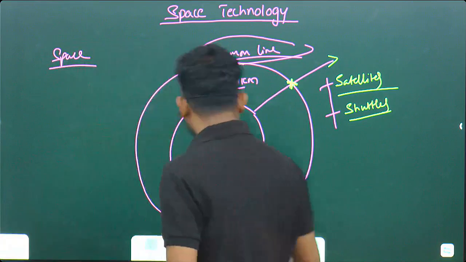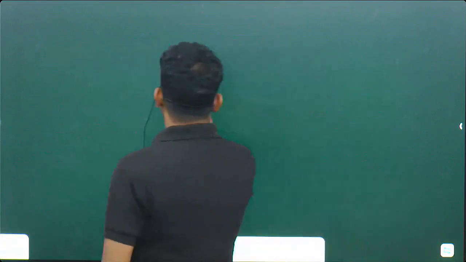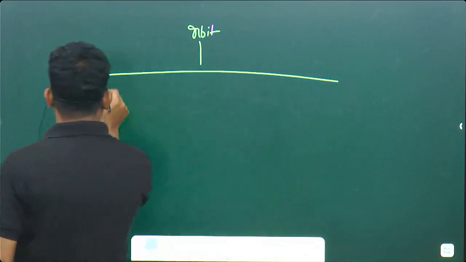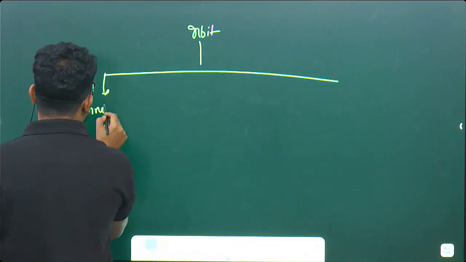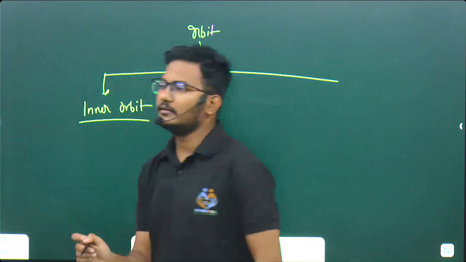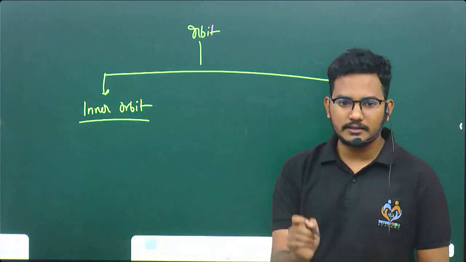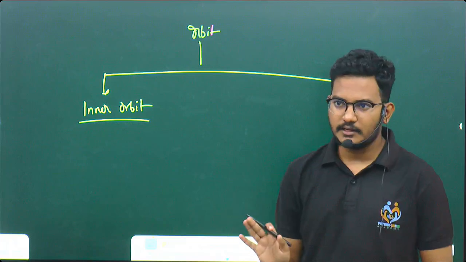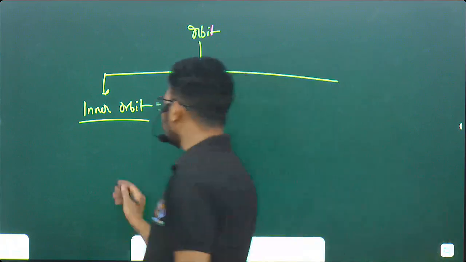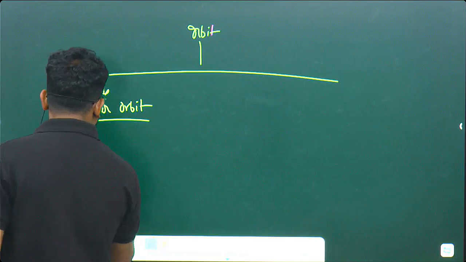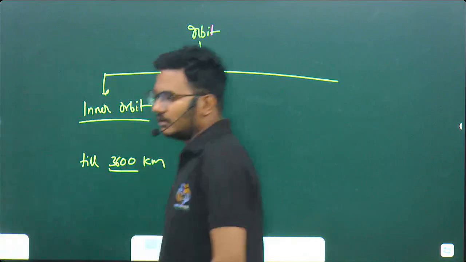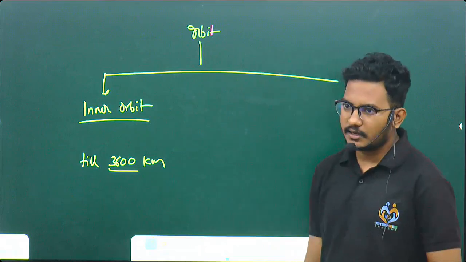But when I say orbit, we have two types. One is the inner orbit, which means till then the gravity of the earth exists, which is till 3600 kilometers.